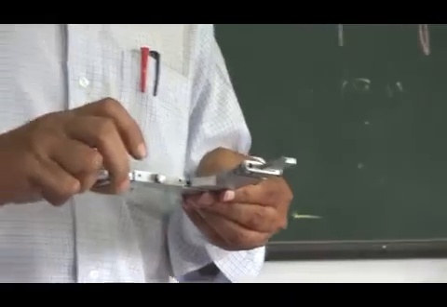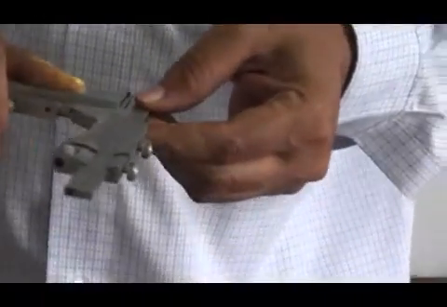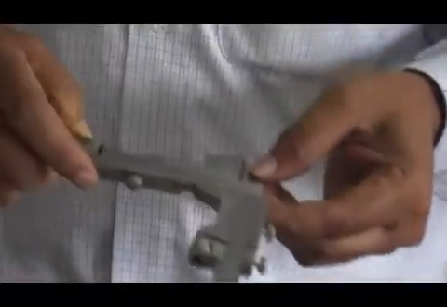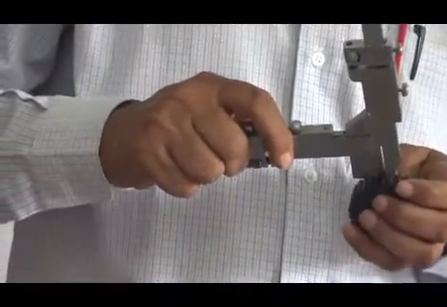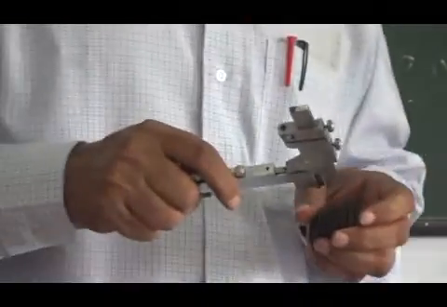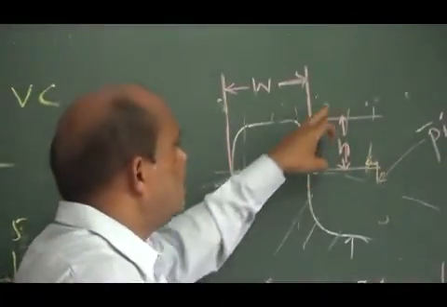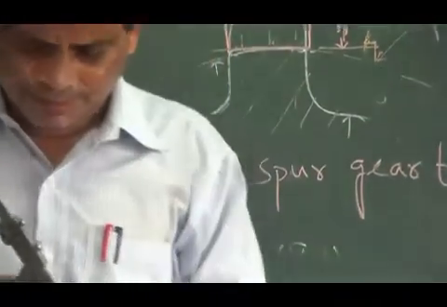Take the gear and place it on one of the teeth. The height should be 1.62 millimeter, because this height is adjusted here in the vertical vernier. So at that depth, 1.62 millimeter, we measure this W. What is the value of W?